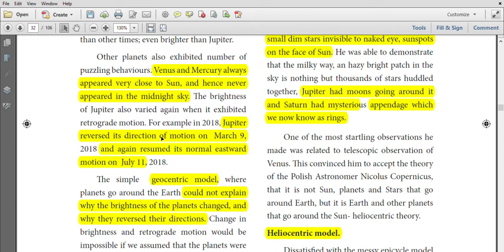Jupiter also reversed its direction of motion on March 9, and again it resumed its normal eastward motion on July 11, 2018. On March 9, it reversed its direction to west. Again, on July 11, it travelled eastward.